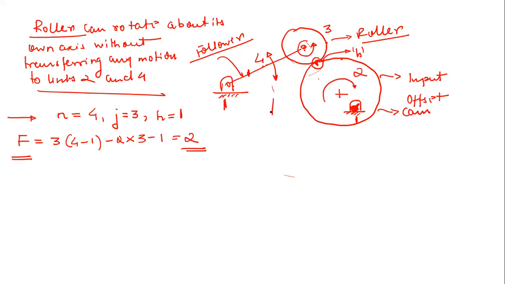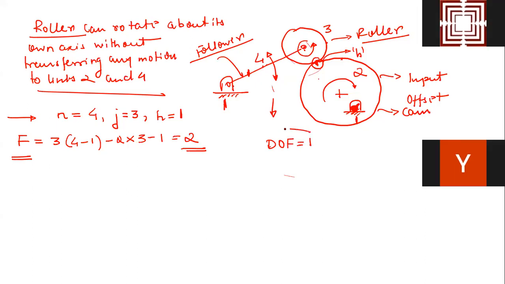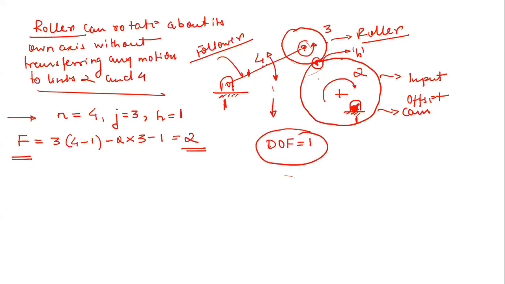So basically, the degree of freedom of this mechanism should be equal to 1, because if the cam turns around this point, it will transfer a definite and unique motion to this follower. So the degree of freedom of this mechanism will always be equal to 1, right? But here, when we applied the Kutzbach criterion, the degree of freedom came out to be equal to 2. So that means there must be some modification in the existing formula, right?